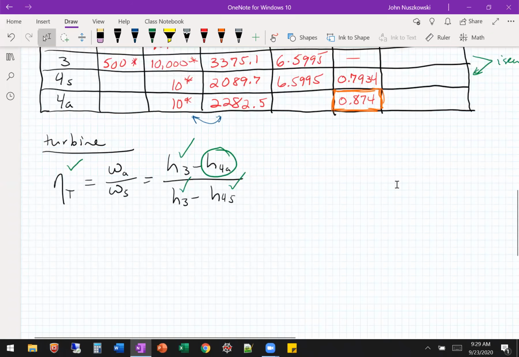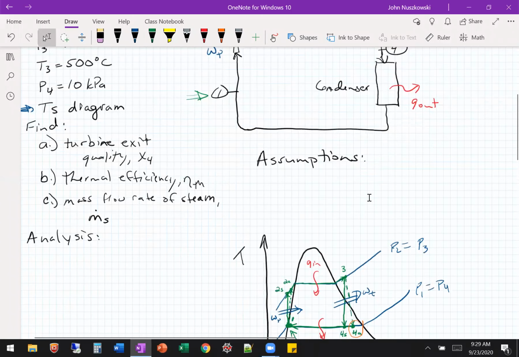All right, so then we have the turbine, and that's part A, so that's done. Part B, thermal efficiency.